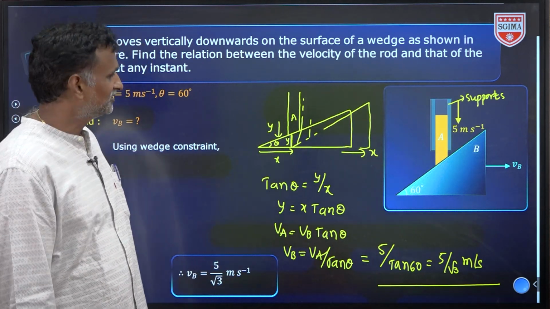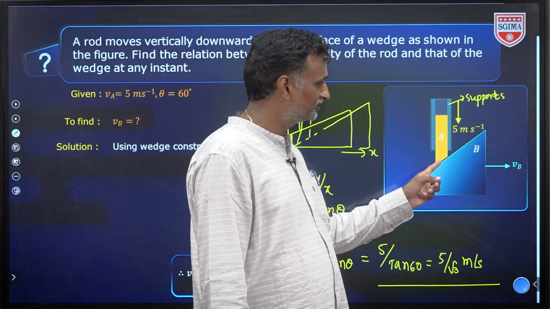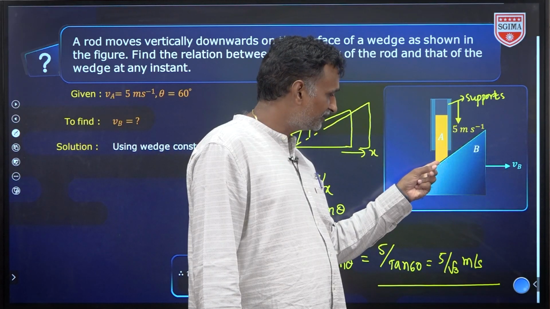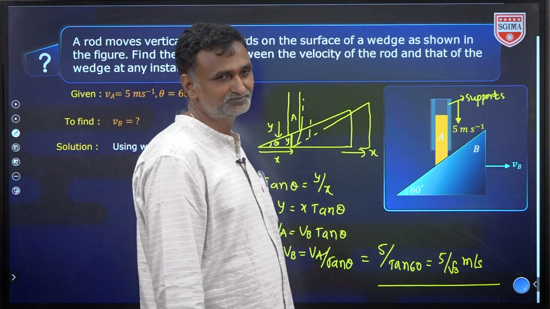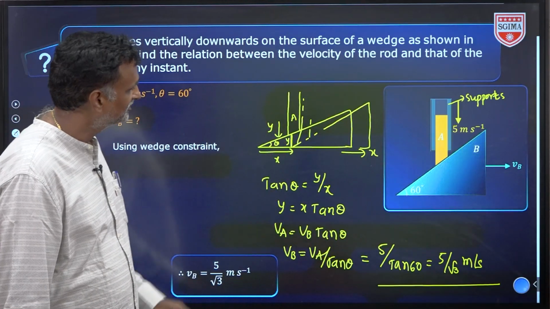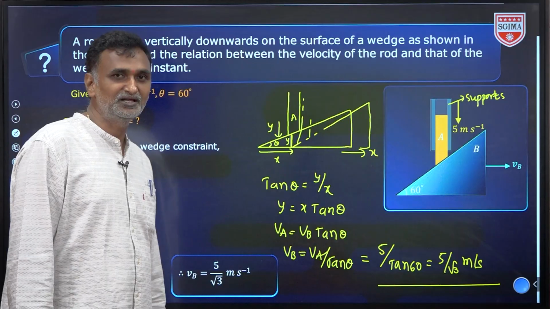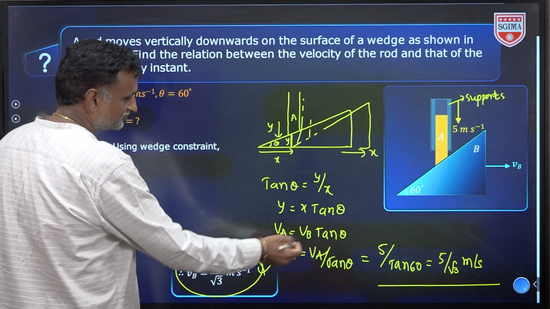So otherwise you can take the components of A downward, okay, and VB like this, and at the point of contact we can take the components in the perpendicular direction, their values must be the same. Okay, that is the second method. This is one more method I have introduced here, which we can follow to get the answer. The answer is here, same answer we got.